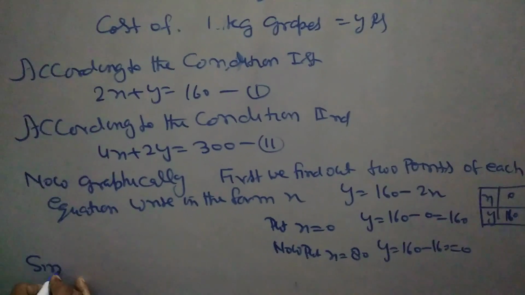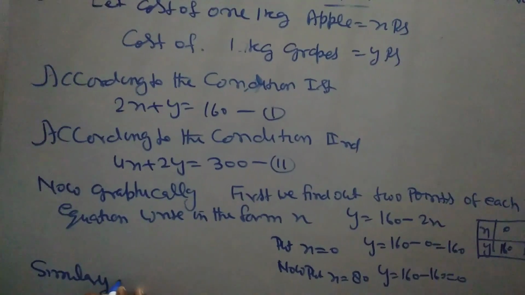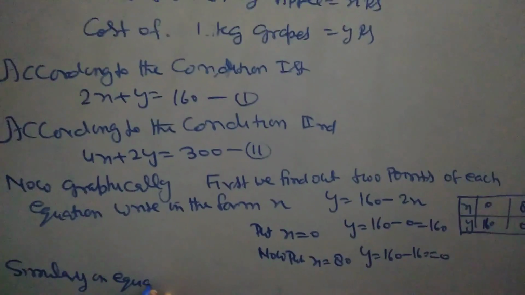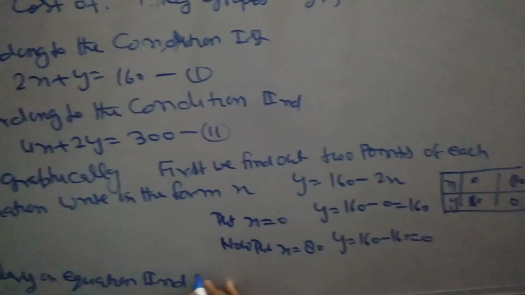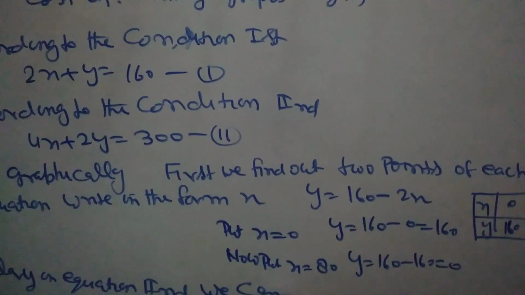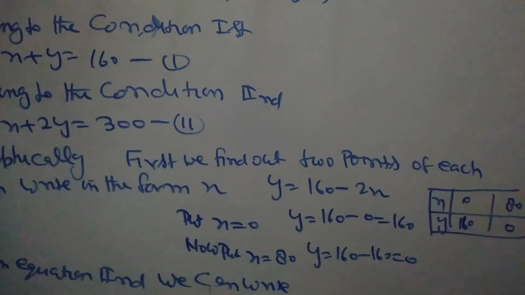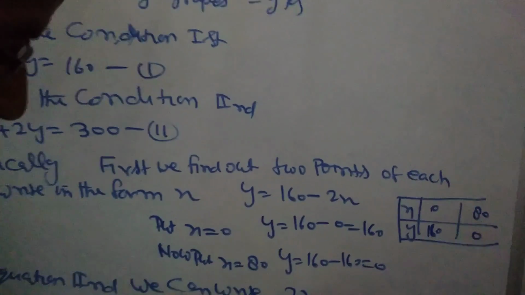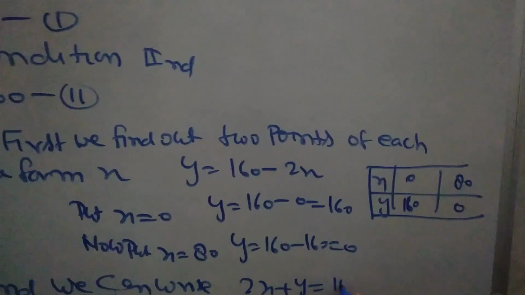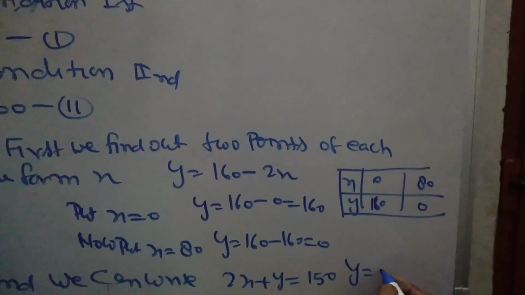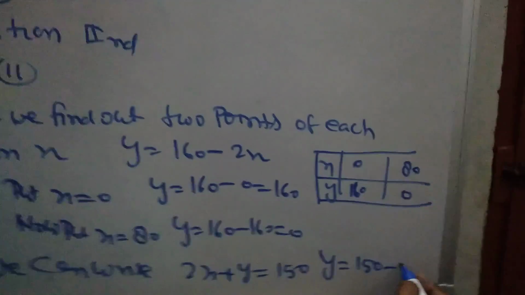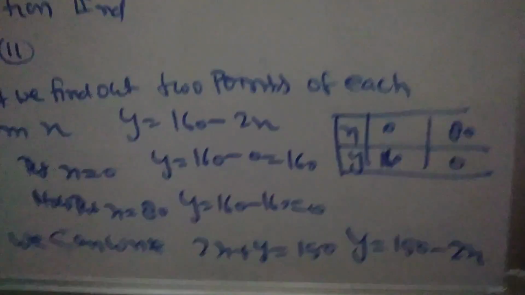Similarly, in the second equation, we can write 2x plus y is equal to 150. y is equal to 150 minus 2x.